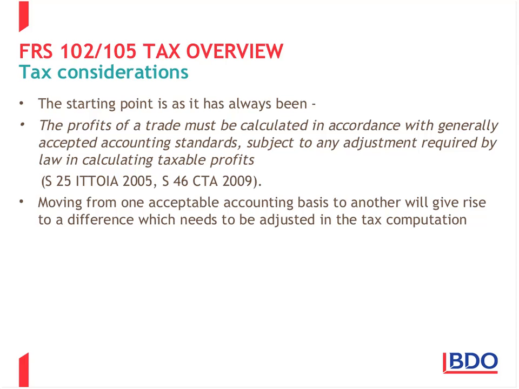Importantly, where there is a move from one acceptable accounting basis, for example, old UK GAAP, to another, this will give rise to a difference between the opening figures for the year of change and the closing figures for the year before. And that change needs to be dealt with for tax.